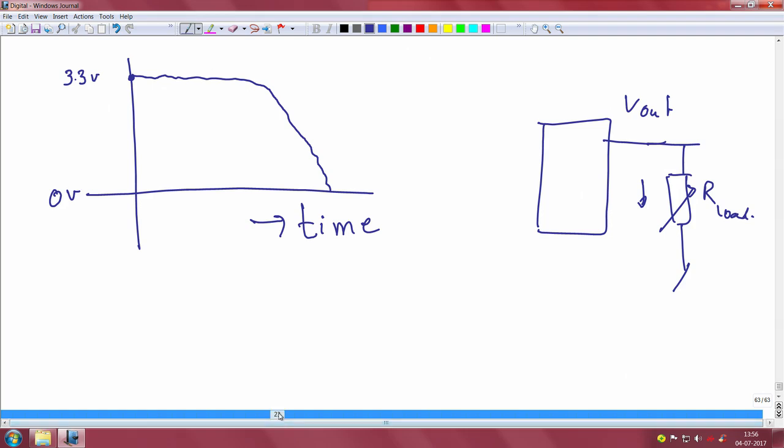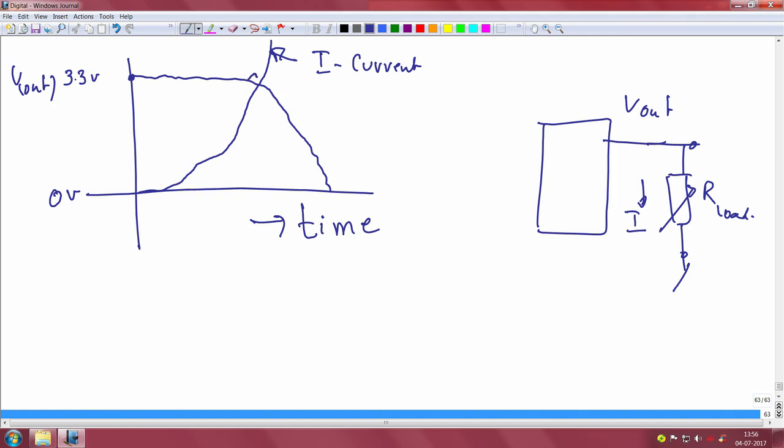As and when the current starts increasing. So let us draw the increasing current like this. This is the I that is flowing, and this is the V out that you are measuring.